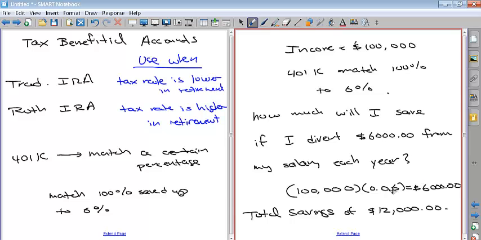So the usual suggestion, if your company has a matching program, is to save the amount that will maximize the match, which in this case is $6,000, because they'll match it up to 6,000. If you did 3,000, they do 3,000. If you did 1,000, they do 1,000. If you do 9,000, they'll still only do 6,000.